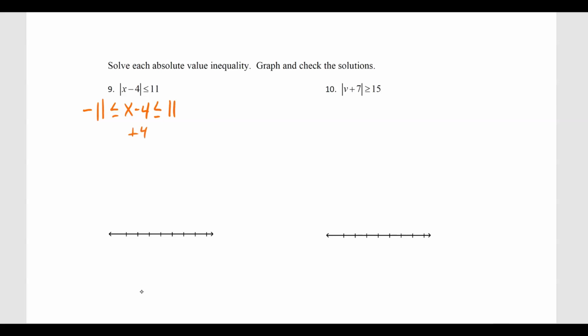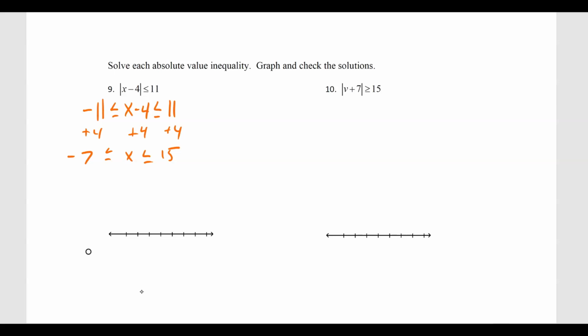So I add 4 to both sides, all 3 sides in this case, and I end up with -7 less than or equal to x less than or equal to 15. I can graph that. The problem is they didn't give me enough hash marks down here, so I'm going to have to go by, oh geez, probably 5s. Yeah, we're going to do 5s.